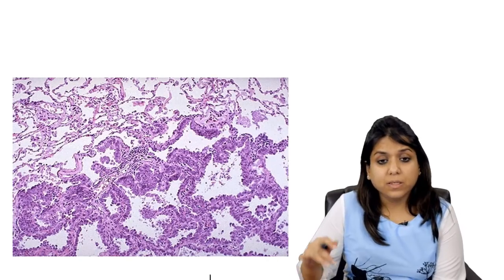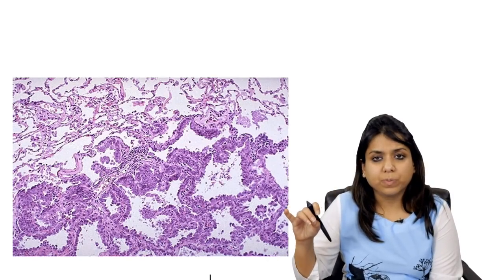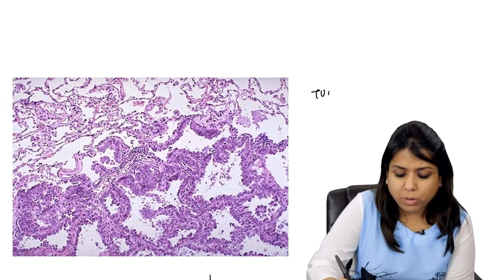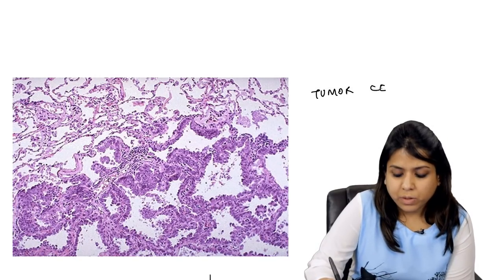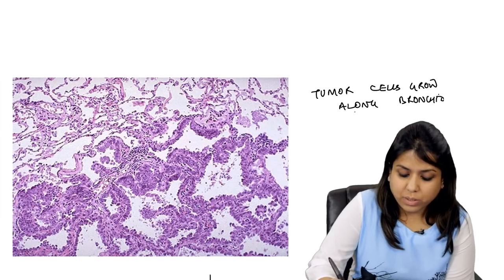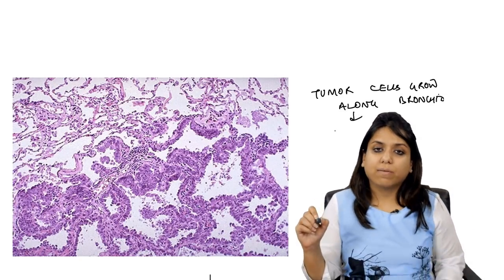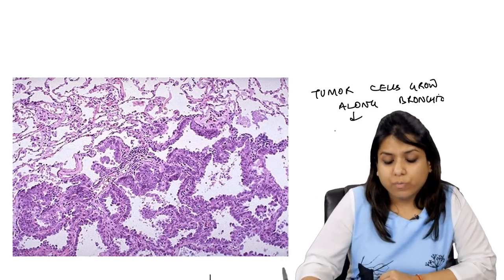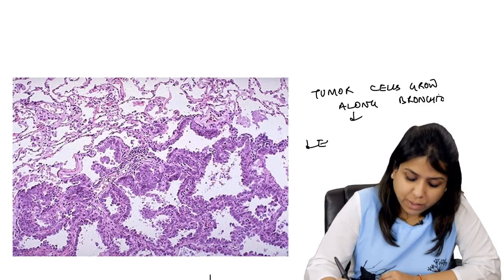Right, can you appreciate in this biopsy, tumor cells grow along the bronchoalveolar lining. So this is basically a bronchoalveolar carcinoma of lung, which shows a lepidic or a filigree pattern.